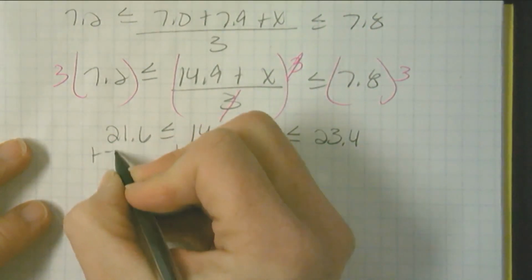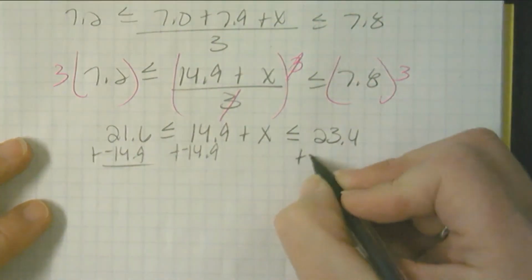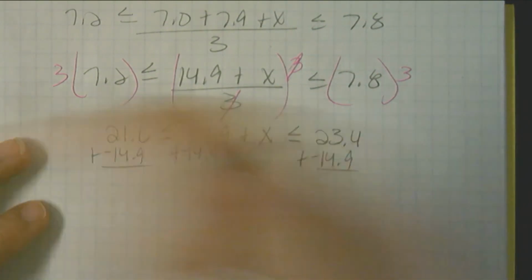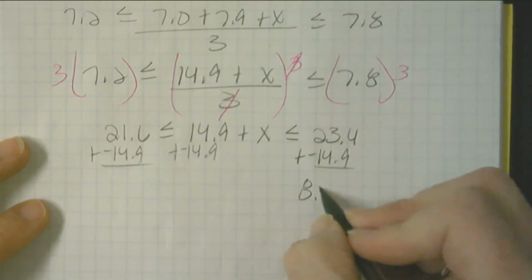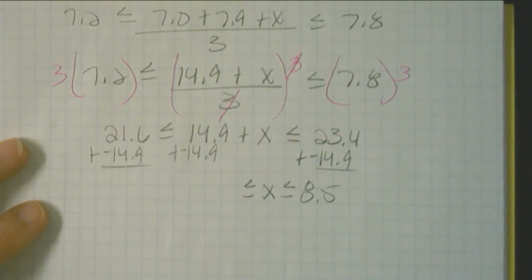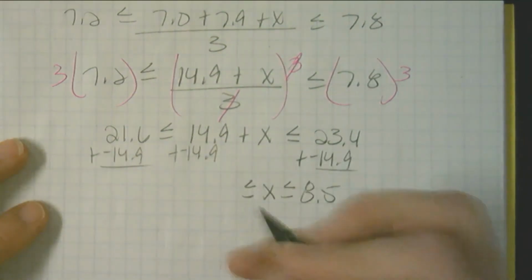Excellent. Now I subtract 14.9 from all 3 sides. So I end up with my maximum is going to be 8.5. And my minimum is going to be 6.7.